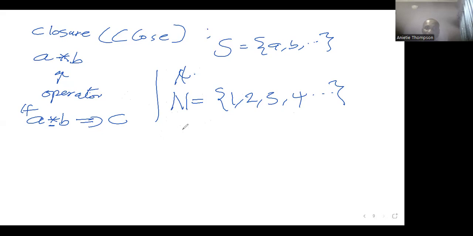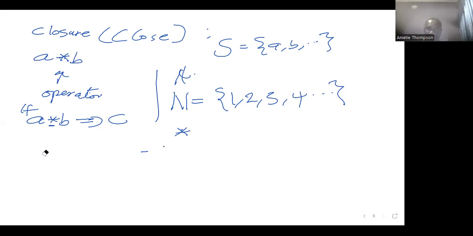And I define this set by an operator asterisk, where A asterisk B is equal to A plus B minus 2B. Let me not define it like this yet.